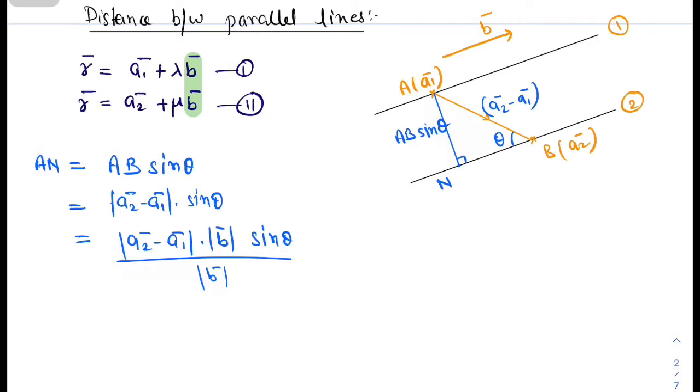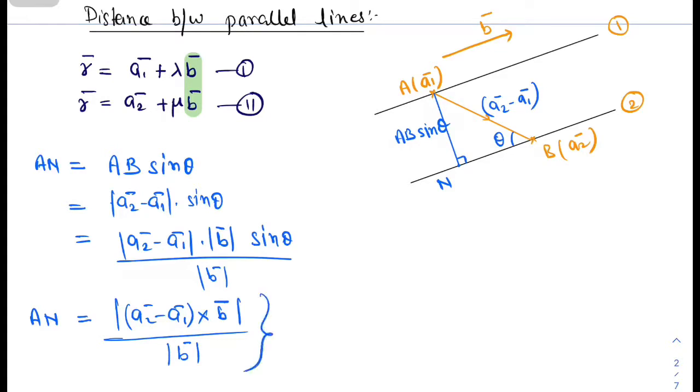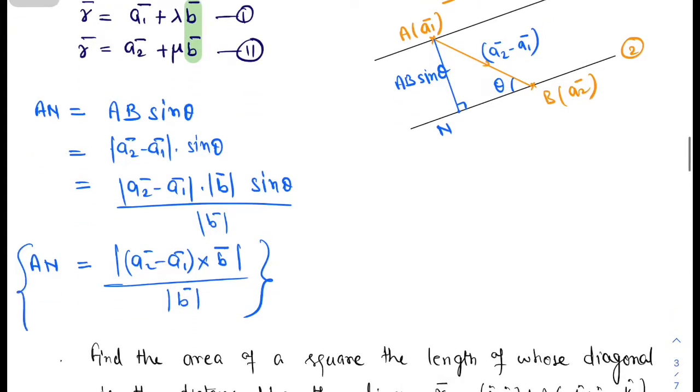By doing so I have converted this numerator into a cross product, that is the mod of cross product A2 minus A1 cross B, divided by the magnitude of vector B. Okay, so this is the perpendicular distance.